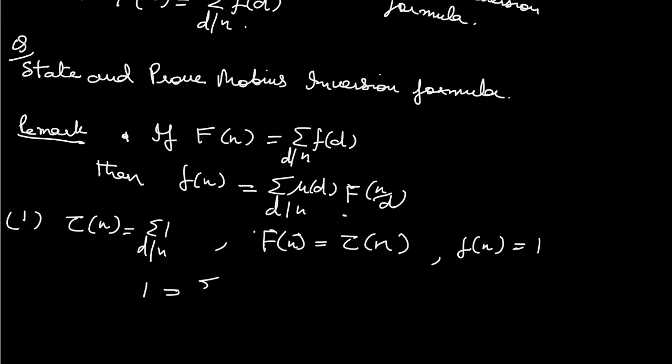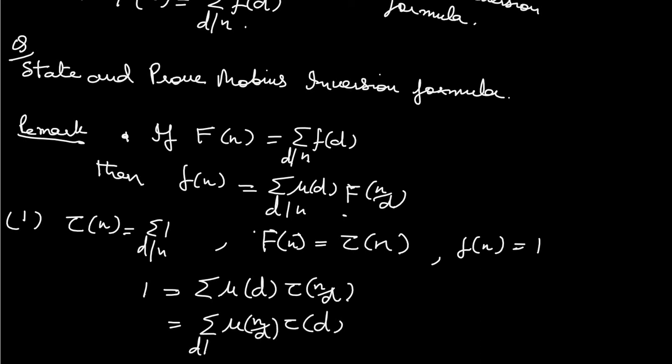This is the summation of mu of d into tau of n by d, which is the same as mu of n by d into tau of d, where d runs over the divisors of n.